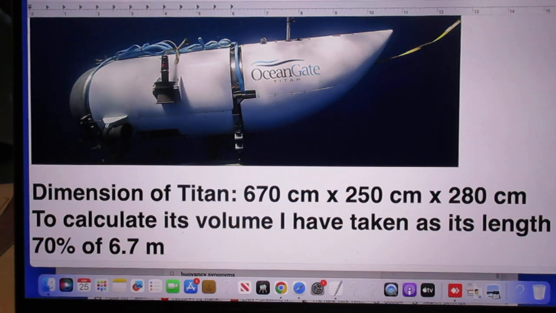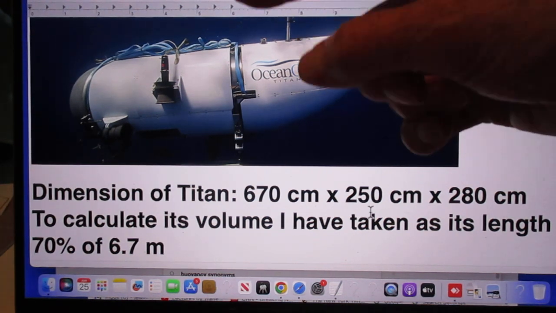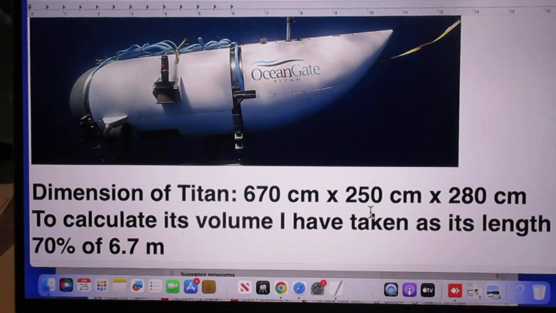The dimension of Titan, which is from here to there, is 6.7 meters, and then the cross section in this direction is 2.5 meters by 2.8 meters.